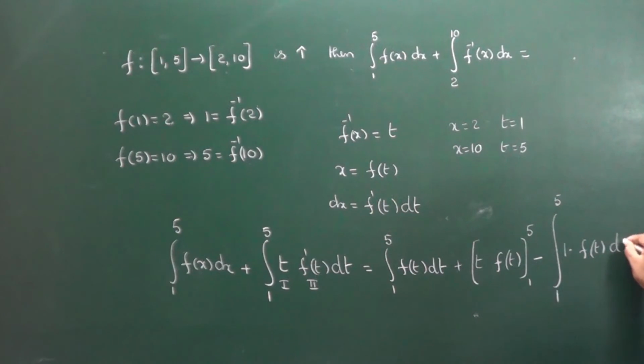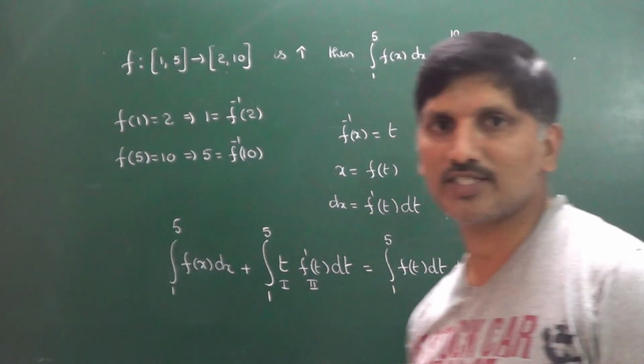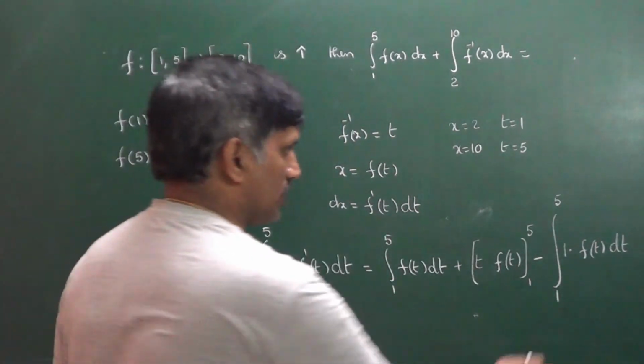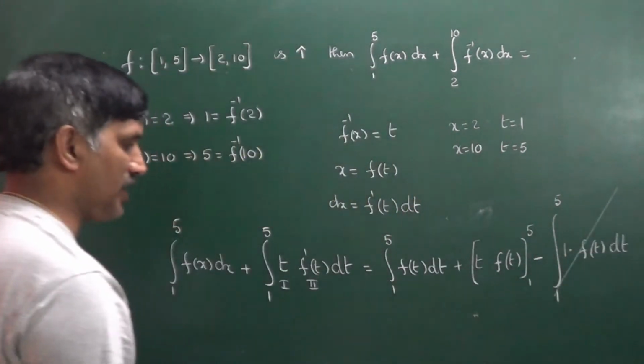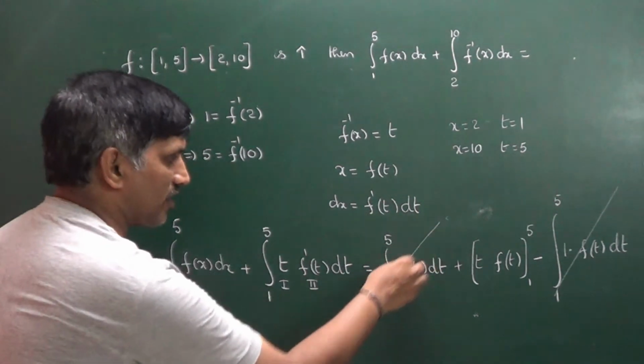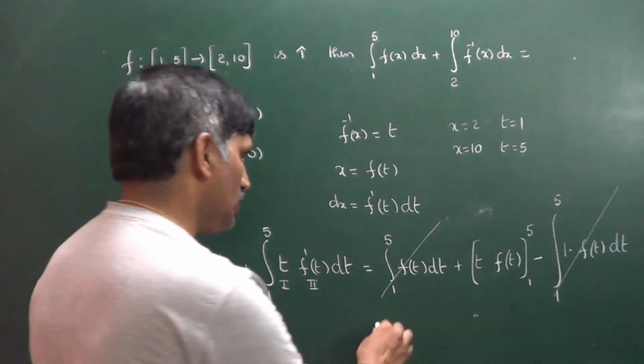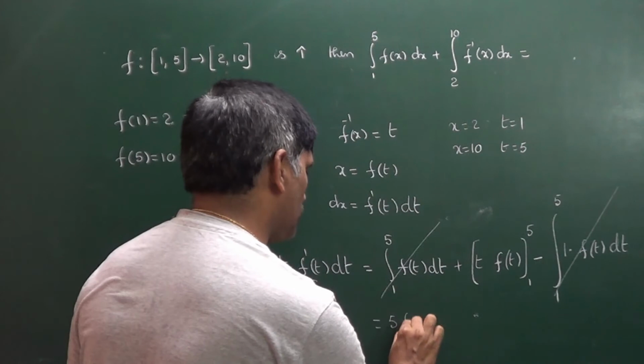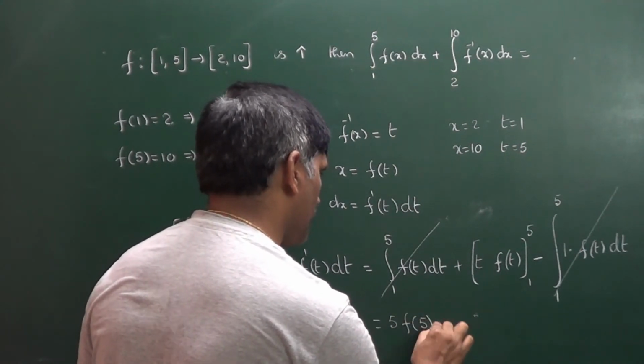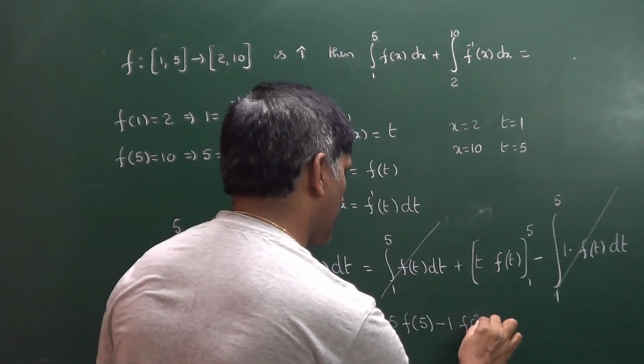For the whole integration we have to do this. Then the problem is over. Yes or no? The problem is completed. Because this is integral 1 to 5 f of t dt, and here also integral 1 to 5 f of t dt. Both cancel. So we got the answer as 5 into f of 5 minus 1 into f of 1.